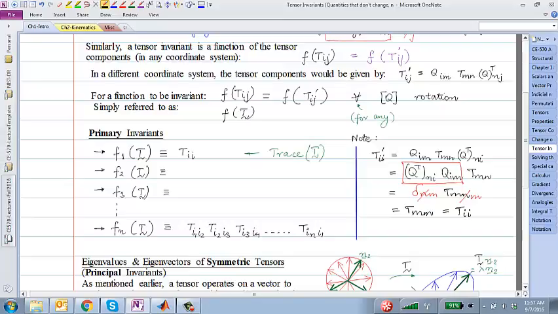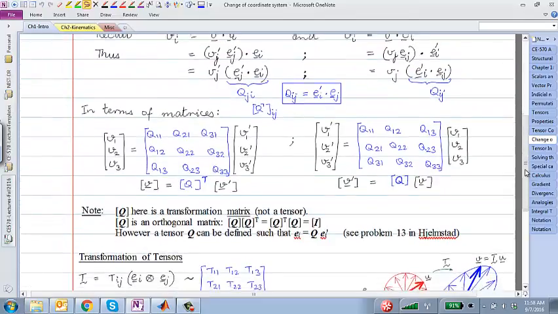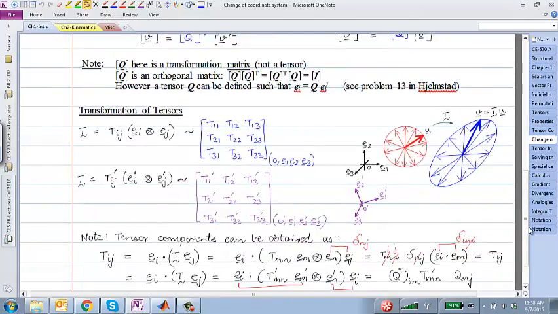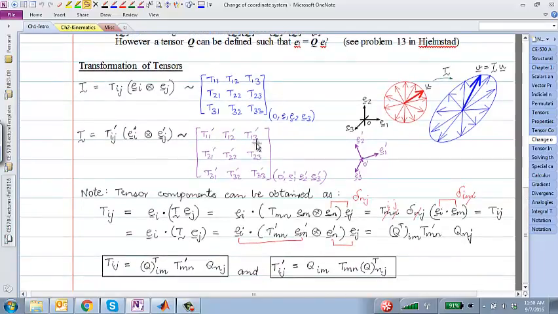So we have just shown that whether you use the primed components to calculate the sum of the diagonals, or you use the unprimed components to calculate the sum of the diagonals, that result would be exactly the same. So more explicitly, you have the same tensor in two different coordinate systems. We know the relationship between these 9 components, between this set of blue components and these purple components, is given by these two expressions.